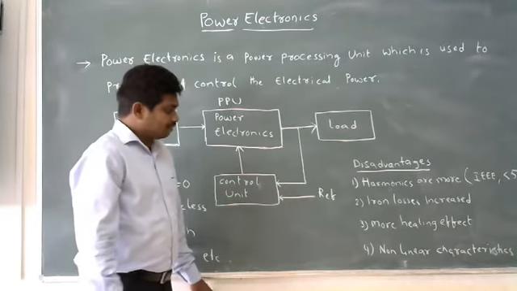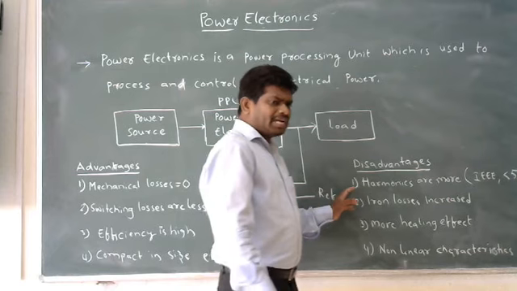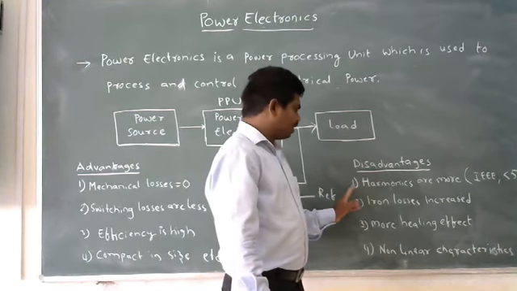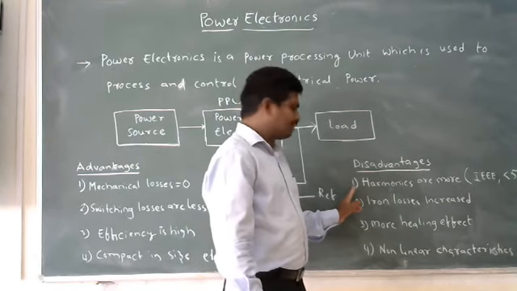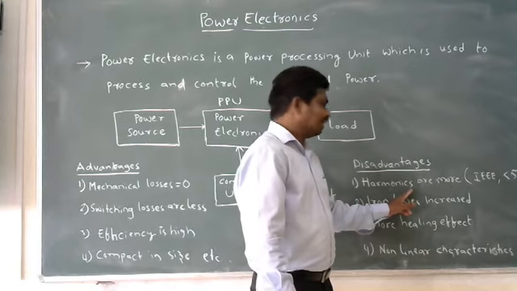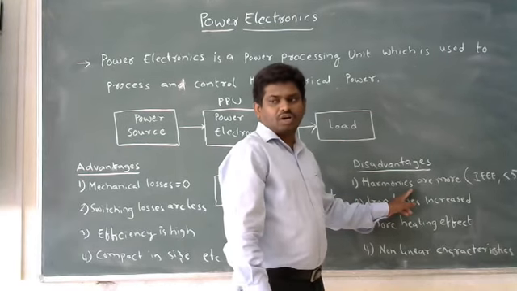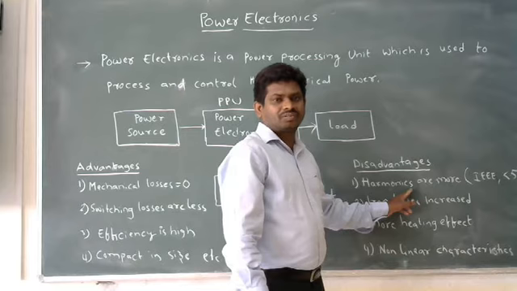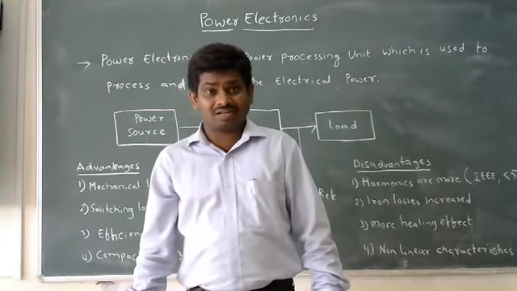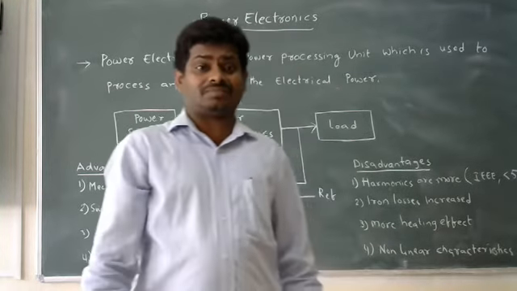Not only that, one major disadvantage when you use the power device is that it produces harmonics in the system. Harmonics are very dangerous when they are there in the system.